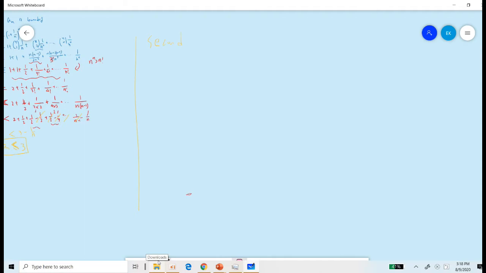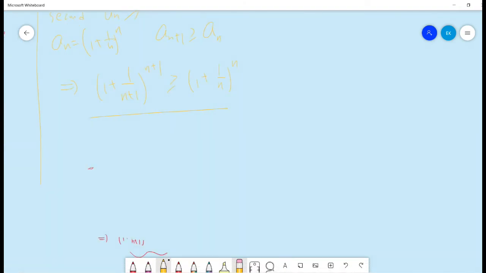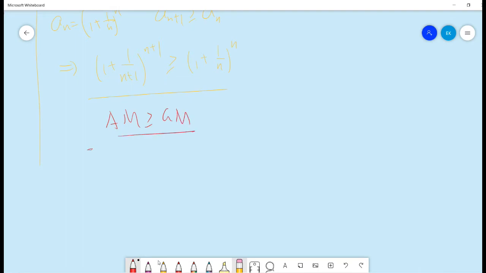Second, what we want to show is that a_n is increasing. a_n is defined to be this. So what I want to show is that a_(n+1) is larger than a_n, which means (1 + 1/(n+1))^(n+1) is larger than (1 + 1/n)^n. In order to do this, what we need is that the arithmetic mean is larger than the geometric mean.